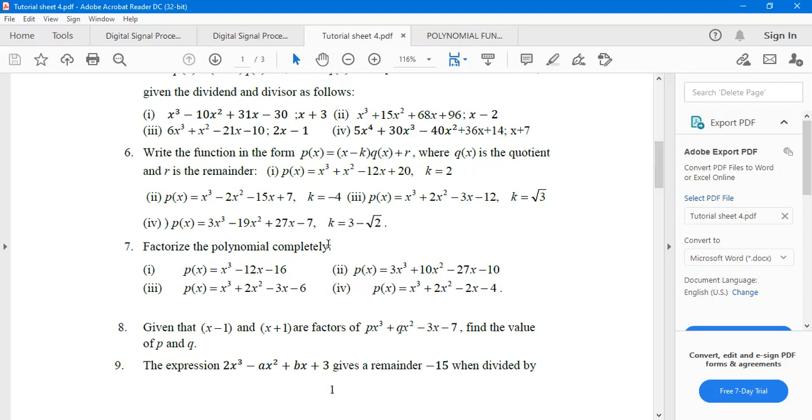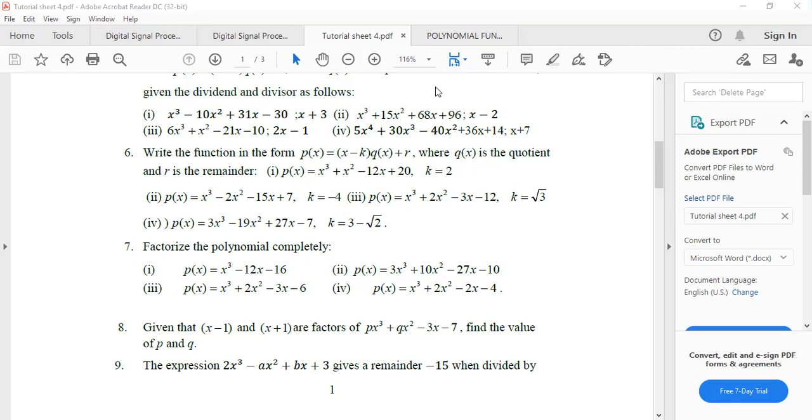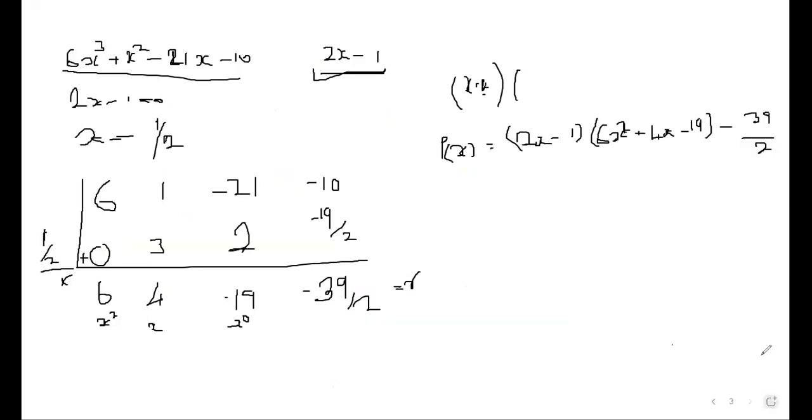They're telling us to factorize this completely. Just quickly switch to the whiteboard. So we have p of x equals x to the power 3 minus 12x minus 16.